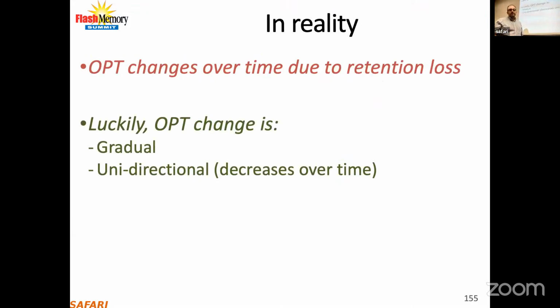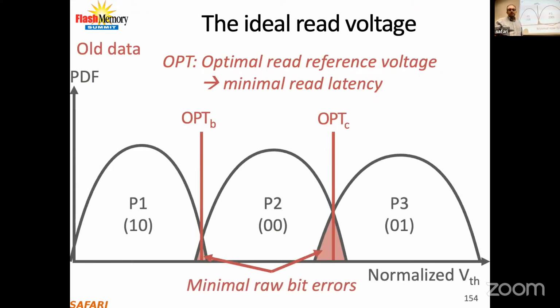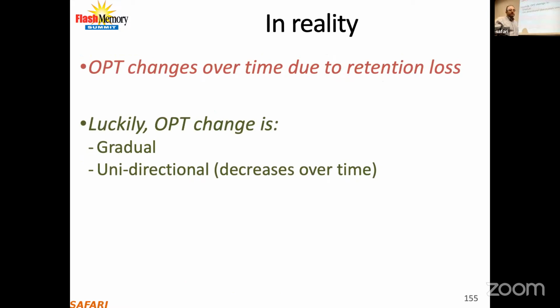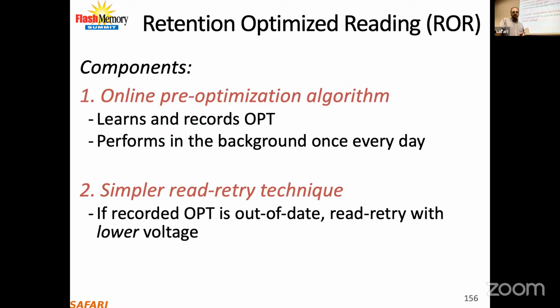The good thing is that this OPT, the optimal read reference voltage, changes gradually and is unidirectional. It decreases over time because of retention error, which is always in one direction. So we can model and predict OPT.